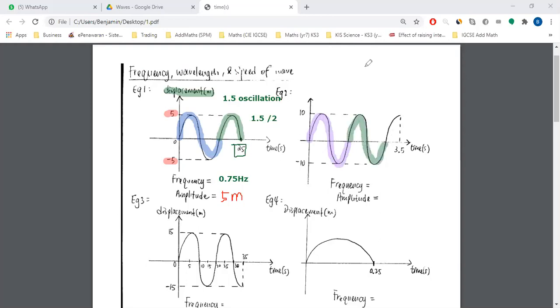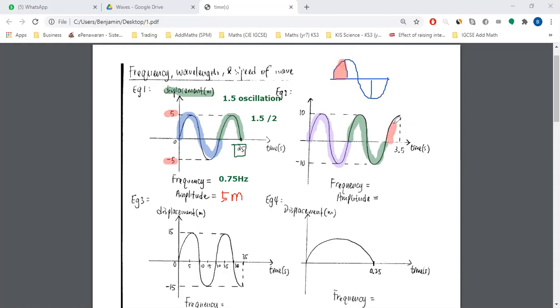Now, up until here, 这里到这里呢，是多少个 oscillation？如果我画这个整个 complete 的 wave，你可以这样子看，我把它分成4个 section. So I have section 1, 2, 3, 4. Now this last one over here is only 1/4 of the wave, correct?